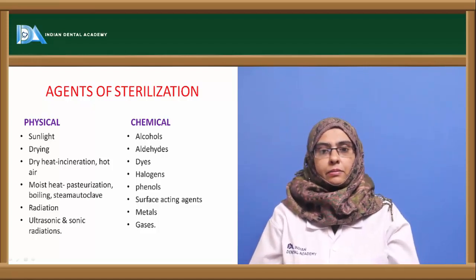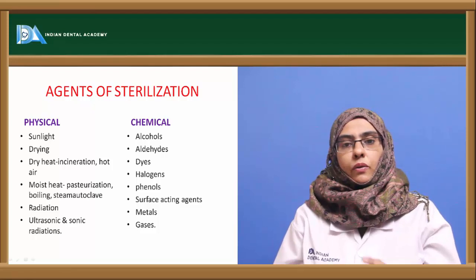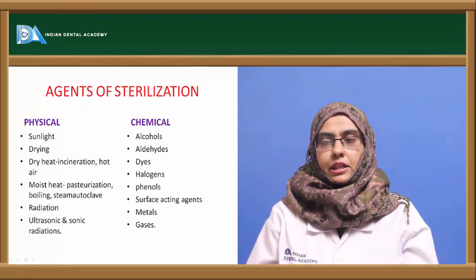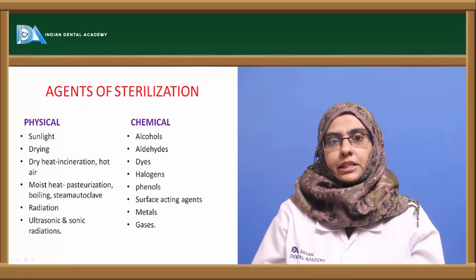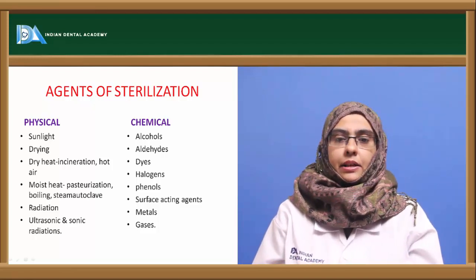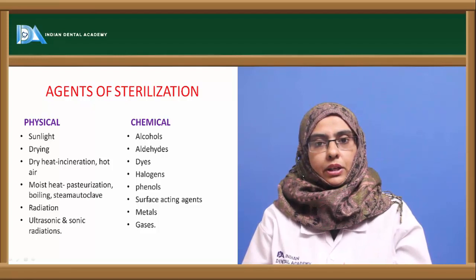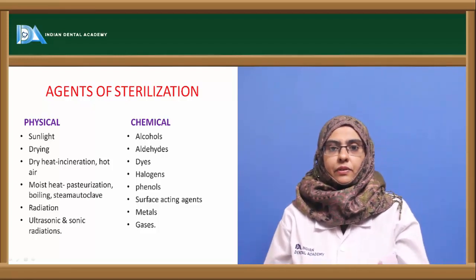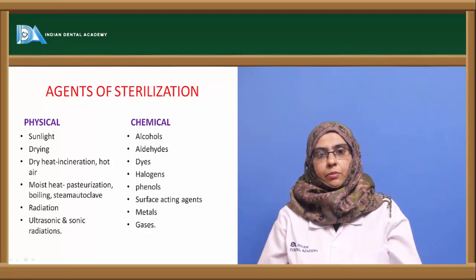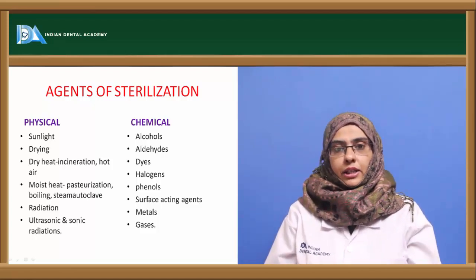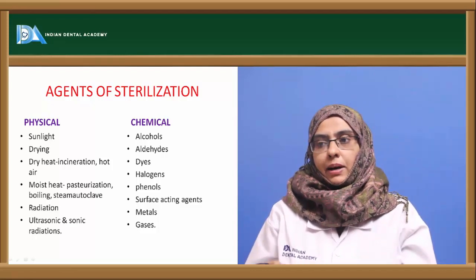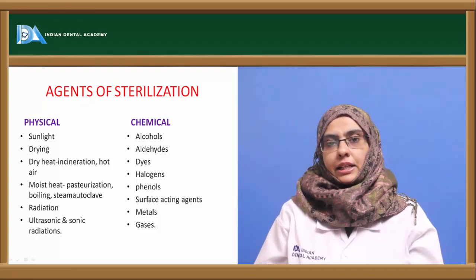Now coming to the chemical method of sterilization, we use a wide variety of chemicals in order to bring about the sterilization, and mostly these chemical agents are nothing but the disinfectants. They can be applied either on the human body to reduce the infection, or they can be used on any cleaning surfaces where we want to eliminate any type of microorganism. So under chemical mode of sterilization, we have a wide variety of chemicals that have bactericidal as well as bacteriostatic nature.